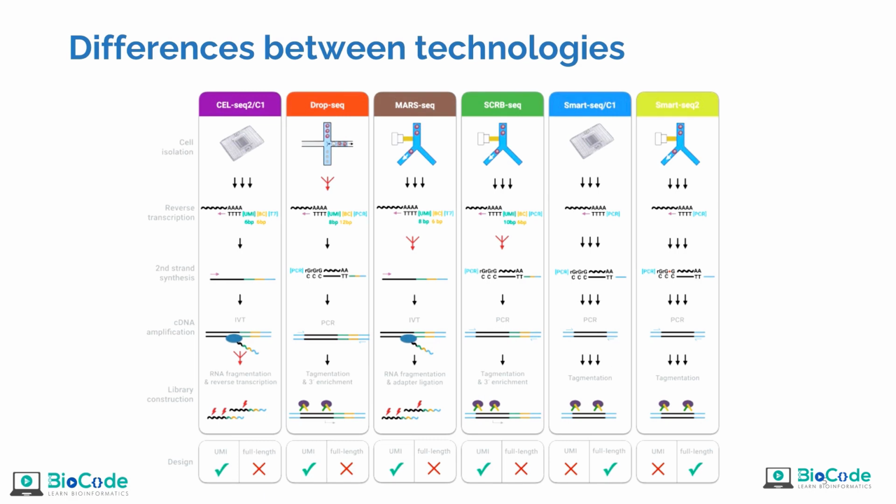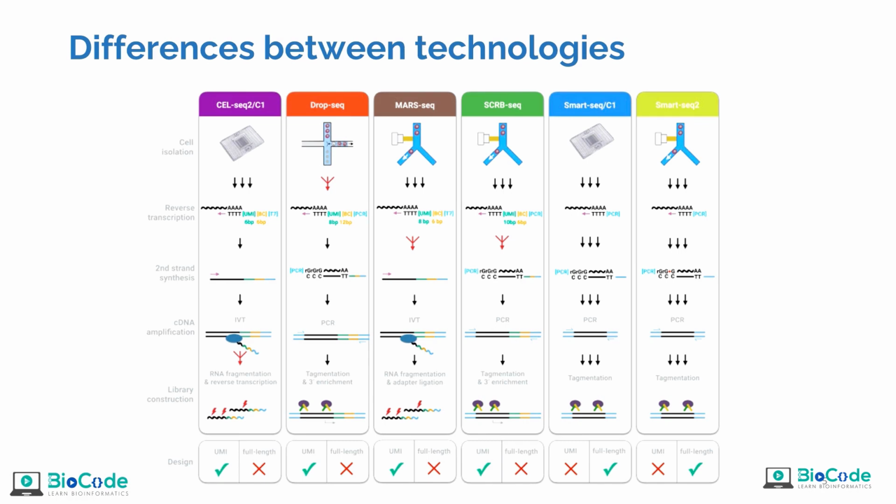The first one is cell isolation: how the cell was isolated from its sample, from its tissue, from the original sample. Second step is reverse transcription. Third step is second strand synthesis. Fourth step is cDNA amplification, and fifth is library construction.